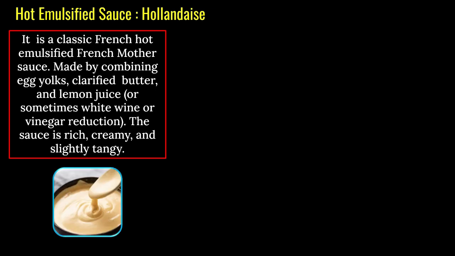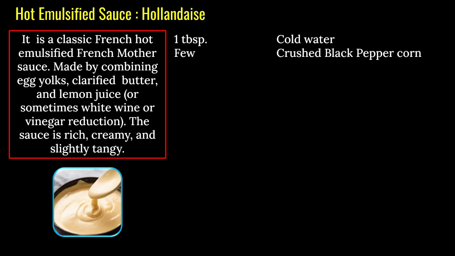It looks like this. You can see this is the appearance of hollandaise sauce. What are the things we require? We require 1 tablespoon of cold water, a few crushed black peppercorns. That means you take black peppercorn and crush it with a stone grinder.